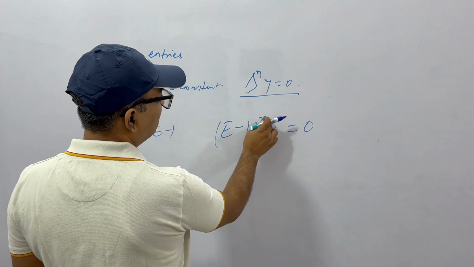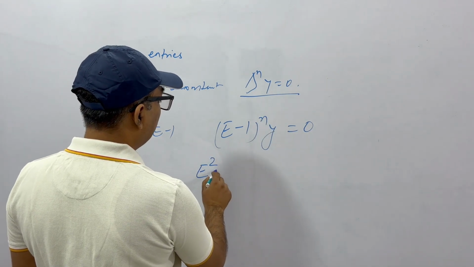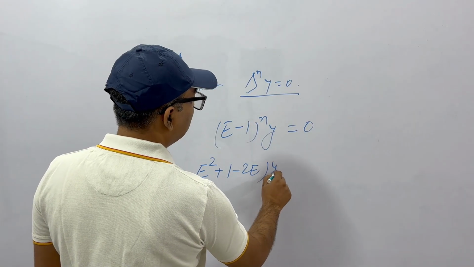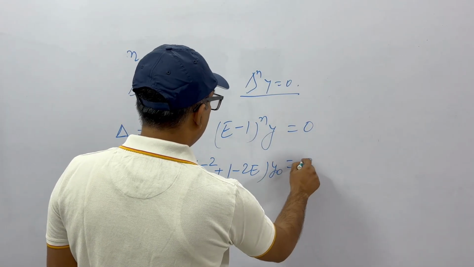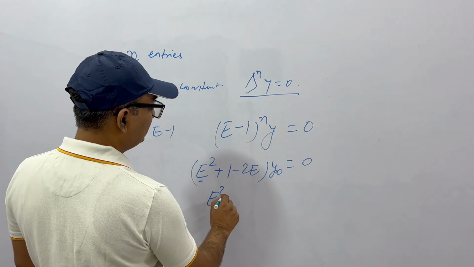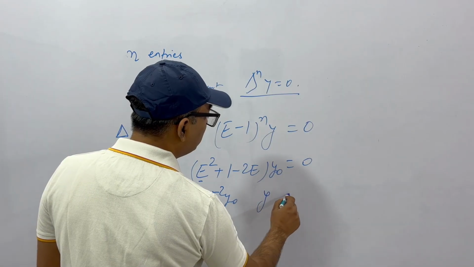Now if this is 2, this is 3, we can expand. If this is 2, this will be E squared plus 1 minus 2E of, let's say, y0 is equal to 0. So this will be E squared of y0. What is E squared of y0? We know this will be y at 0 plus 2h.